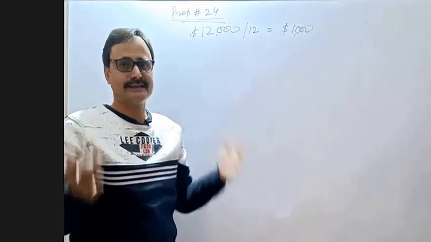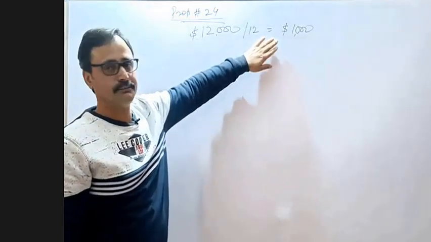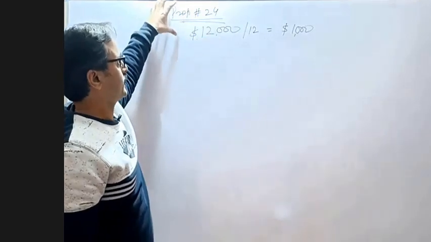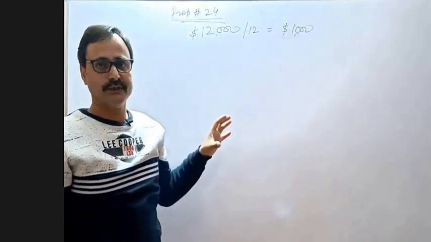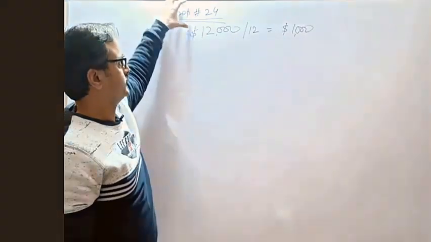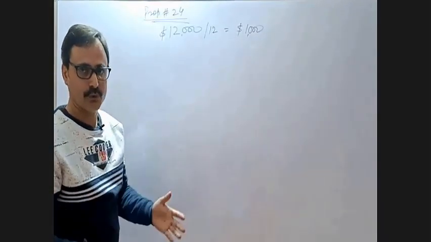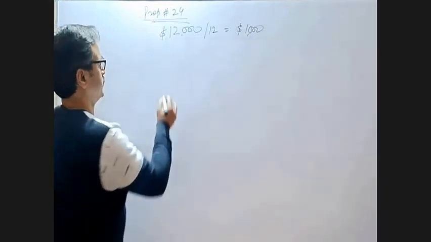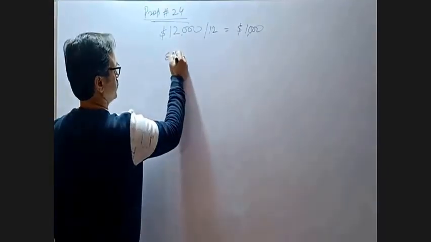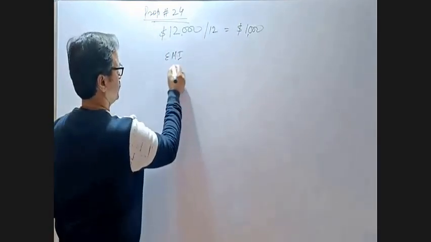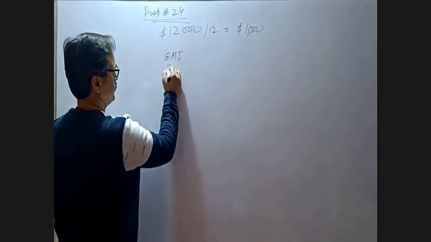But I cannot say that this is the monthly income. Why? Because there are also expenses involved in this property. The proposed expenses include an EMI on the property. What is the EMI?